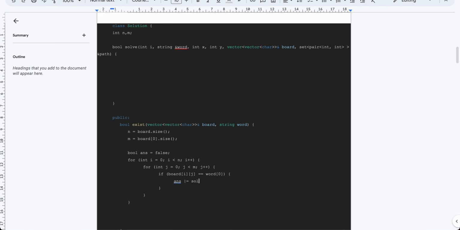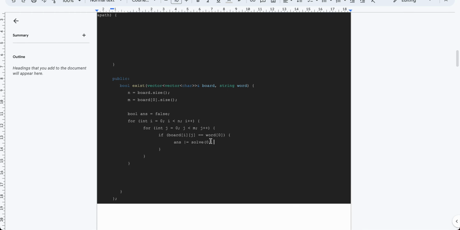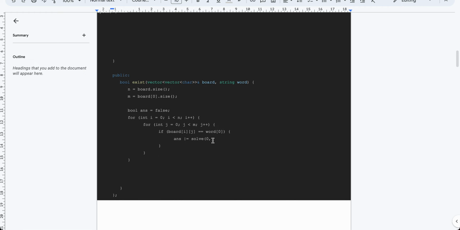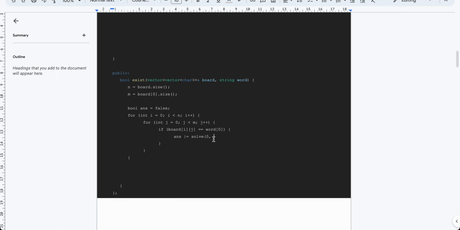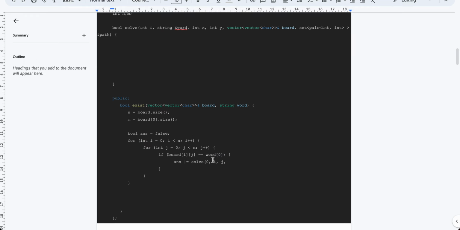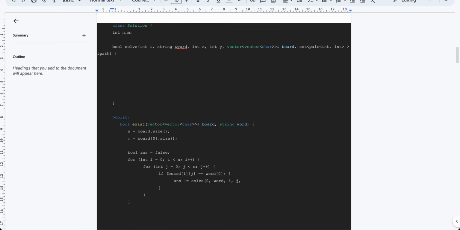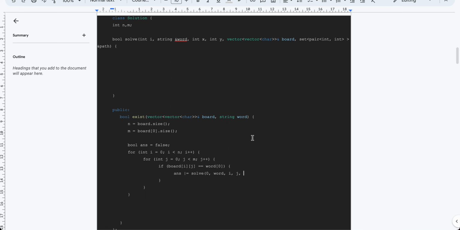I can try from here, that means these two are equal. Okay, so 0, and which character of the board I need to pass the word also, word, ij, and board and path.